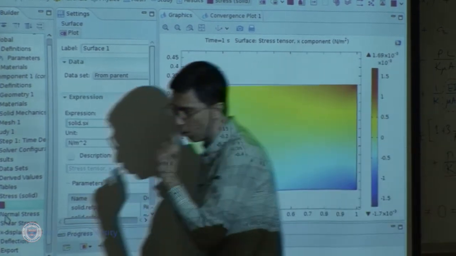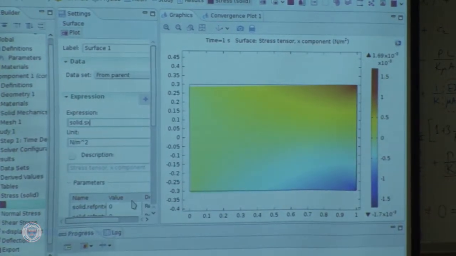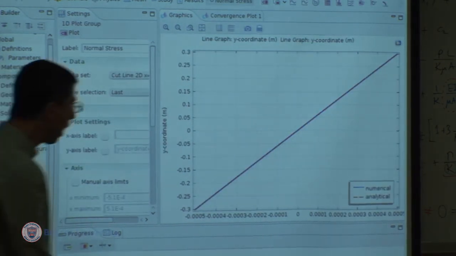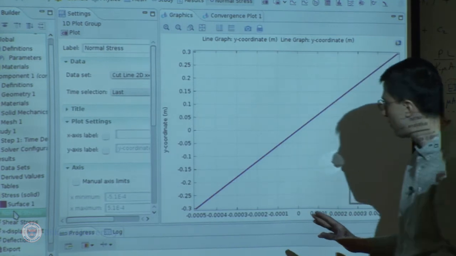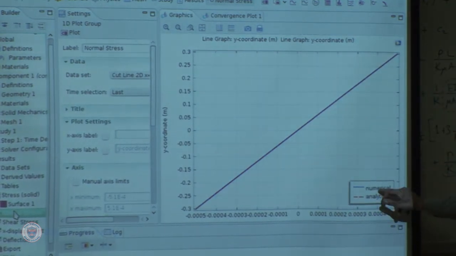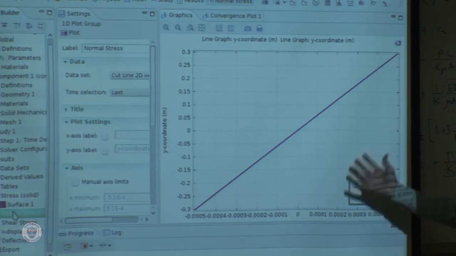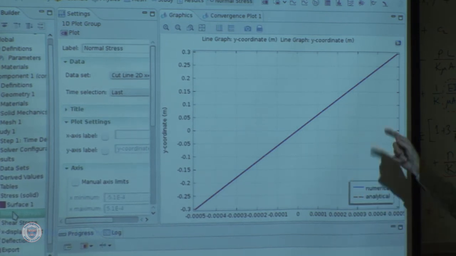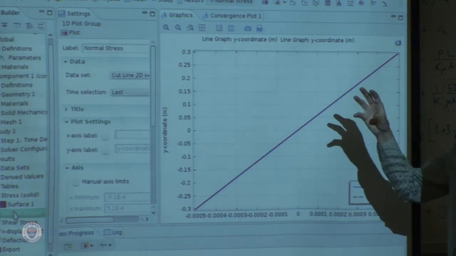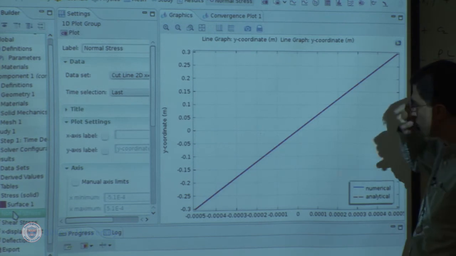So I'm going to show you now several one-dimensional curves, and first the normal stress. Remarkably enough, when you first look at the normal stress, numerical versus analytical, despite such a strong influence of end effects, there is almost a perfect match. The analytical solution predicts My over I, so a linear variation with respect to y.